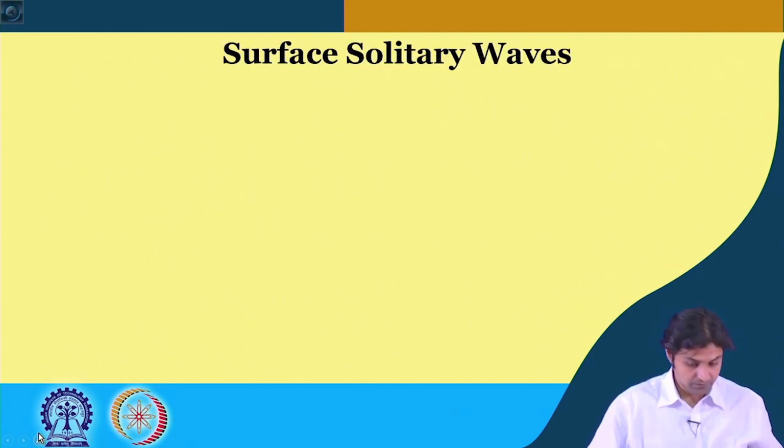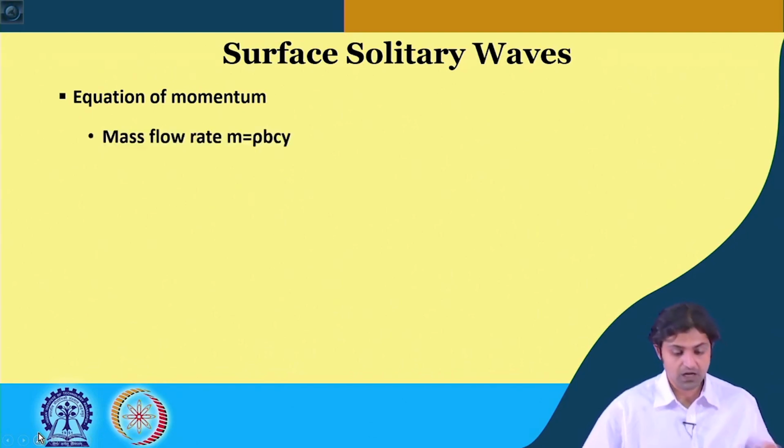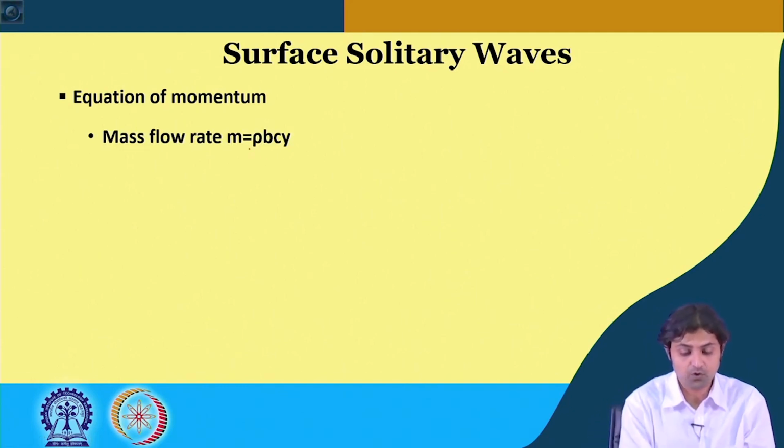So, now we proceed further. We have applied the equation of continuity, now we should also apply the equation of momentum. So, the mass flow rate m is given by rho b c y. Rho is the density, and we need to have volume per unit time.